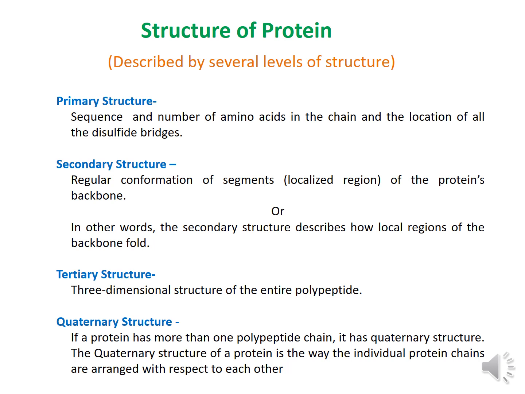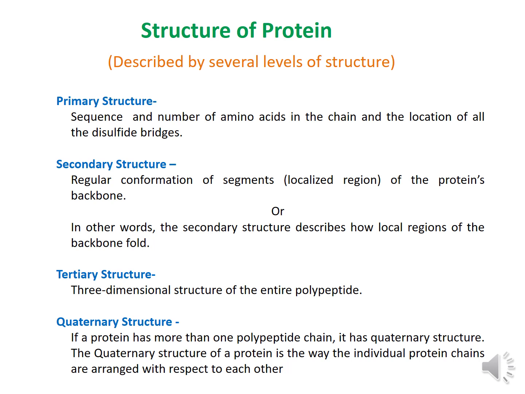Now let us move on to the structures of proteins. The structure of proteins is described by several levels. Normally they exist as primary structure, secondary structure, tertiary structure, and quaternary structure. Primary structure describes the sequence and the number of amino acids in the chain, as well as the locations of all disulfide bonds or bridges in the molecule.